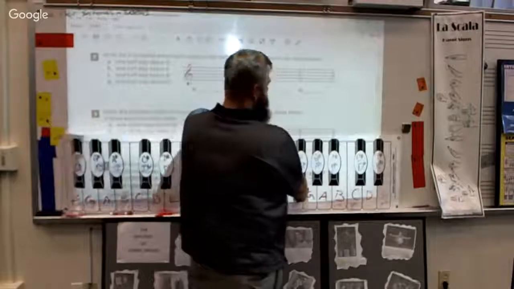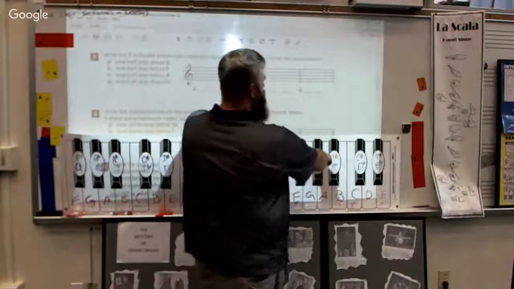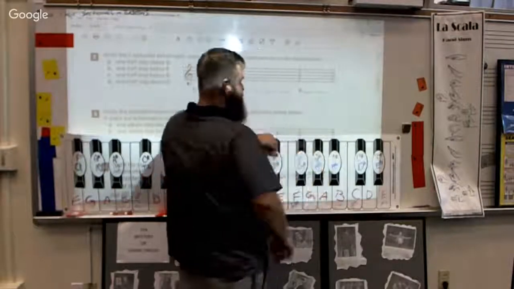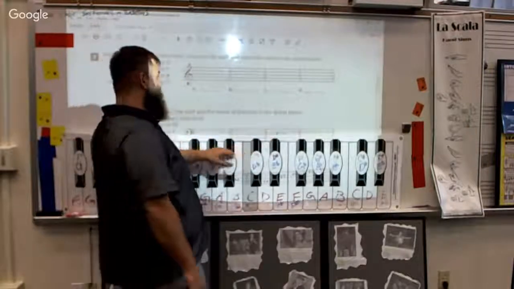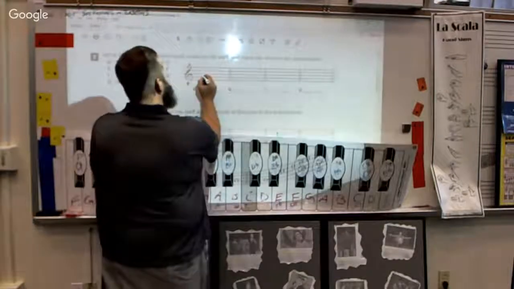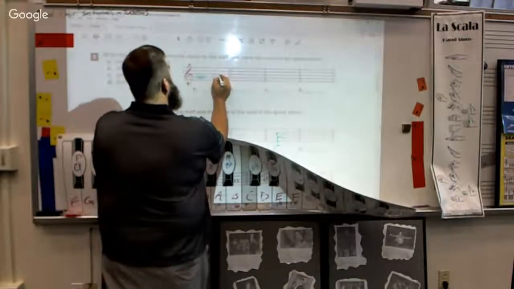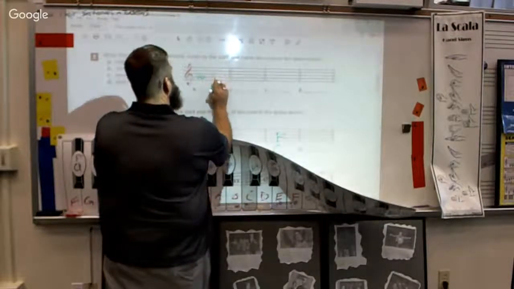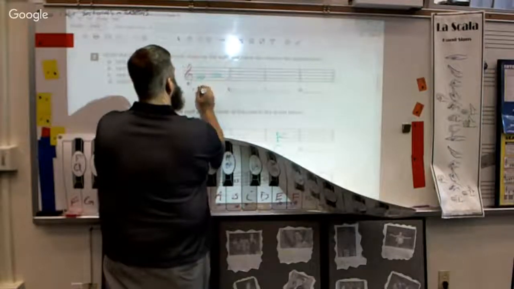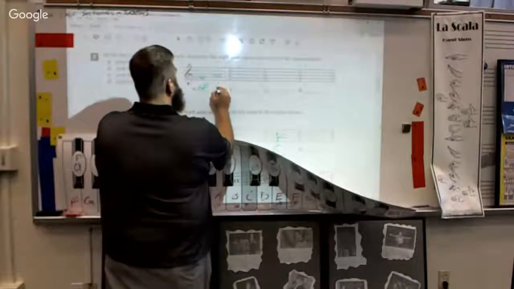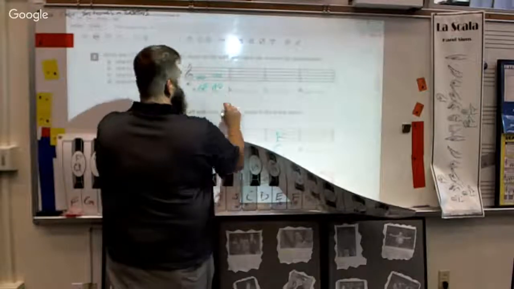Here's G. I'm moving a half step up. What are the 2 notes, the enharmonic names there? G sharp and A flat. So G sharp, A flat, and then I need to label them. Uppercase letters, please.